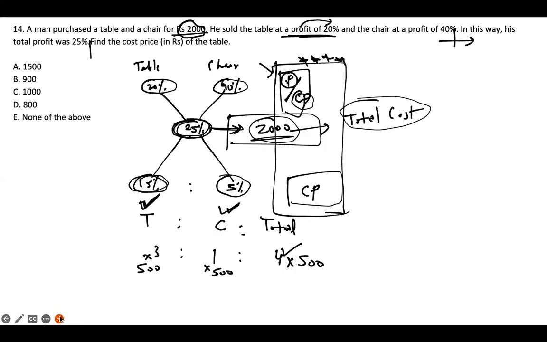So rather than going for the theory, I would suggest you take questions like this and try to apply what we have learned. Whenever, let's say, I'm mixing alcohol solution, let's say 25% alcohol, 30% alcohol, try to figure out what will be the unit of average.